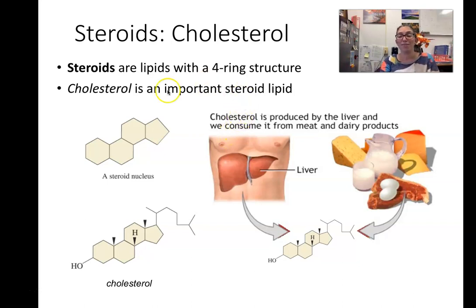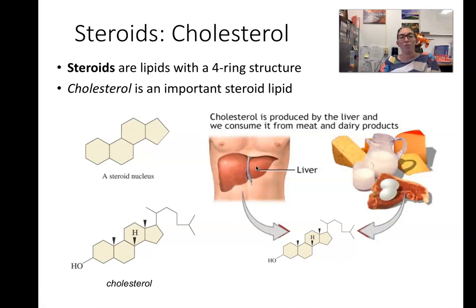digestive juices. So like I said, the liver produces cholesterol, but we also get cholesterol from food, from animal foods. And so most people have healthy cholesterol regulation, and if they are consuming a lot of cholesterol in food, then their liver just produces less cholesterol.